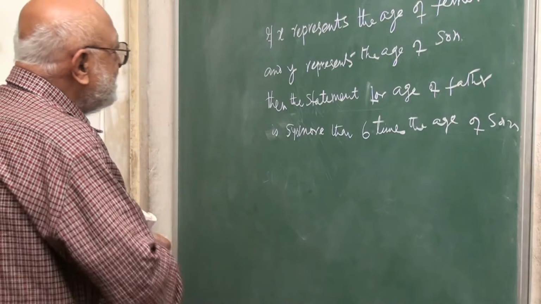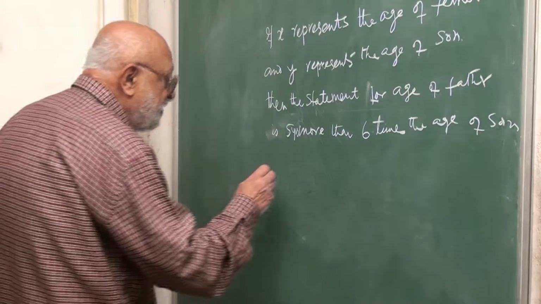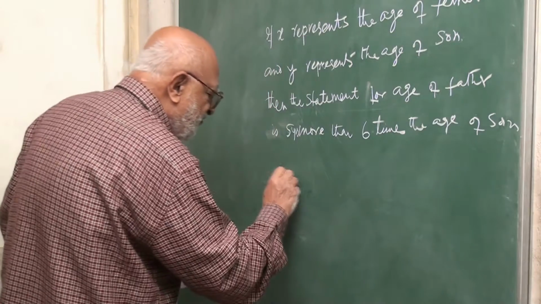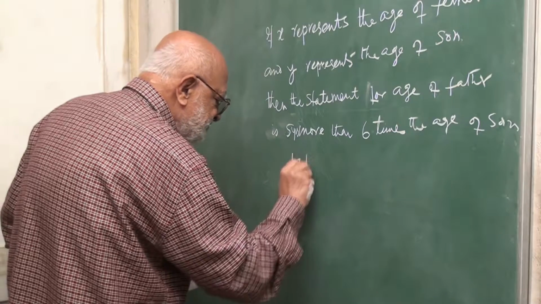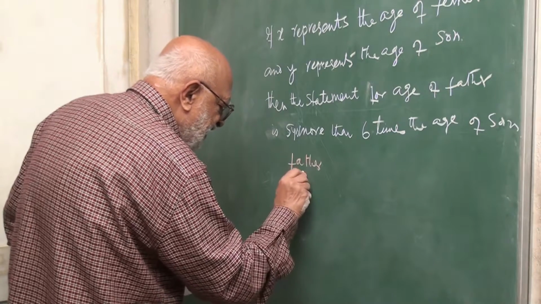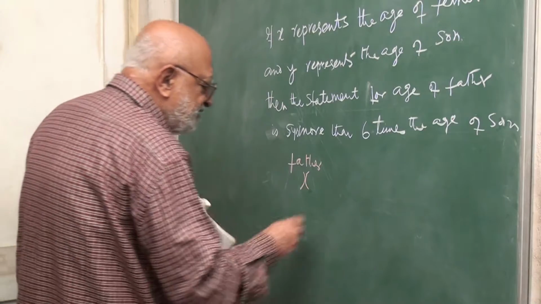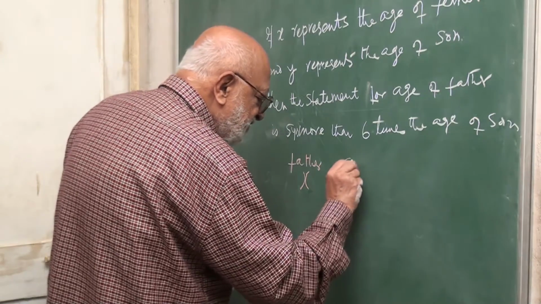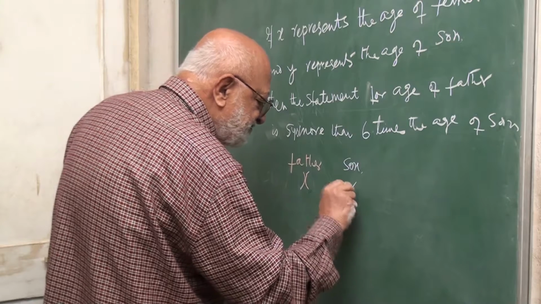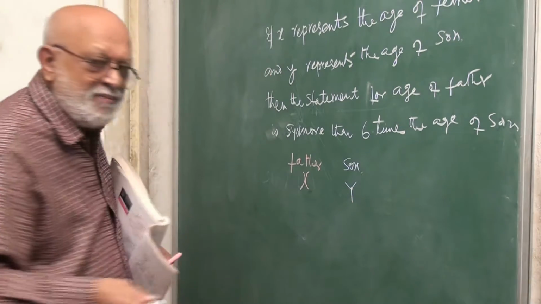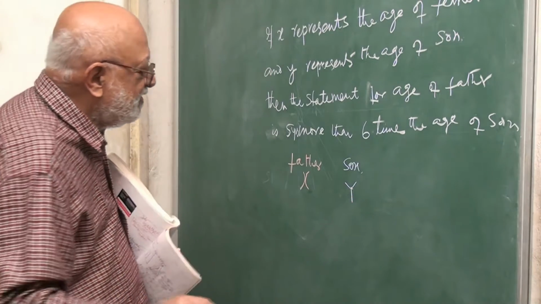What are these things? It says x. So how will we do it? I will write father, and that will be x. Then I will write son, and that will be y. So I have to give them a mathematical expression, nothing more.